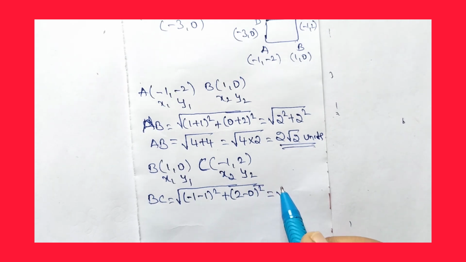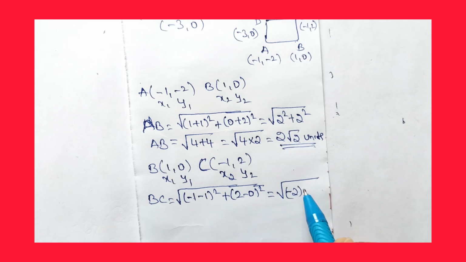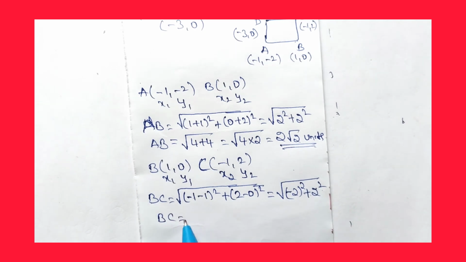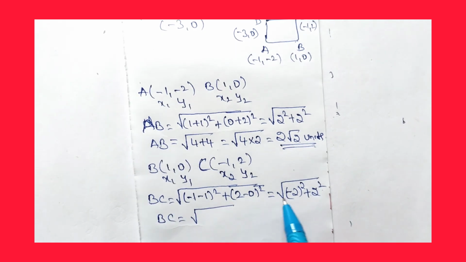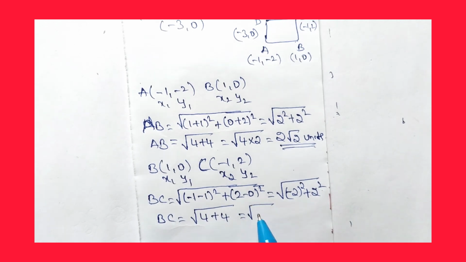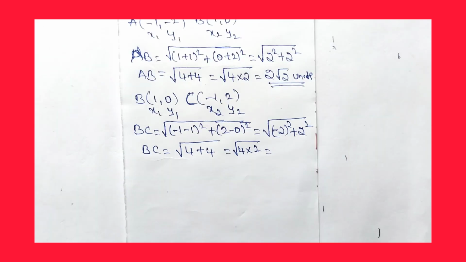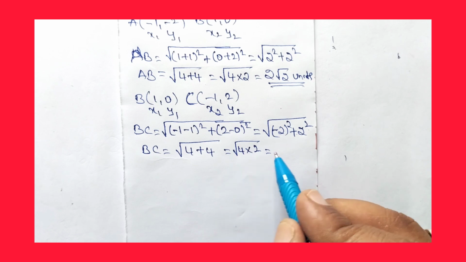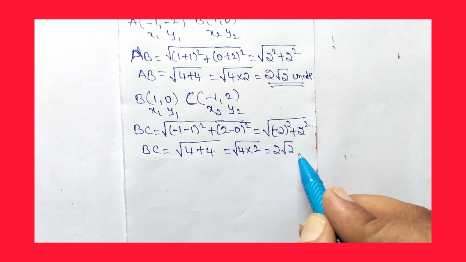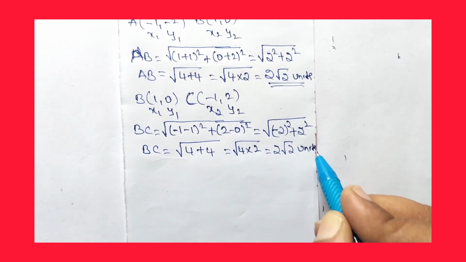That is equal to the square root of minus 2 whole square plus 2 square. So BC is equal to the square root of 4 plus 4, that is square root of 4 into 2, so 2 root 2 units.